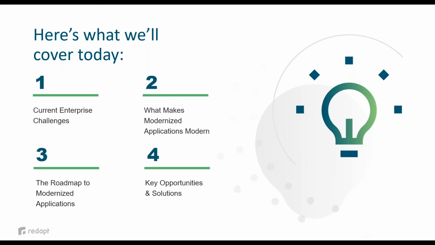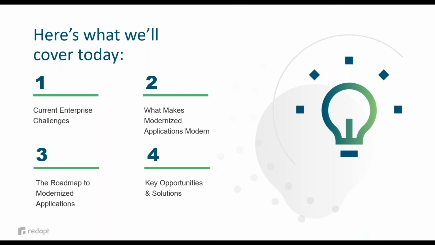You may have an application that hasn't been touched in 10 years, or hasn't had any feature development, or is still running on premise for the past 20-25 years. So we walk them through the process. It's a crawl, walk, run approach that we usually take, and we walk them through what makes an application modern, what modernizing actually means, and what it entails.